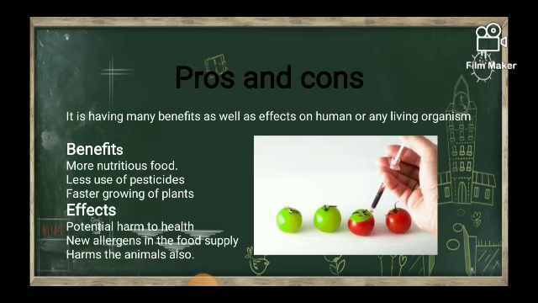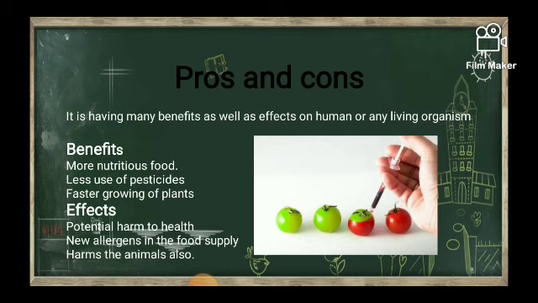In the old days, people would harvest in the farms and grow the plants, and it took a lot of time, and they became poor. So the main concept of genetic engineering is very good, as we can get more nutritious food, less use of pesticides, and faster growing plants.